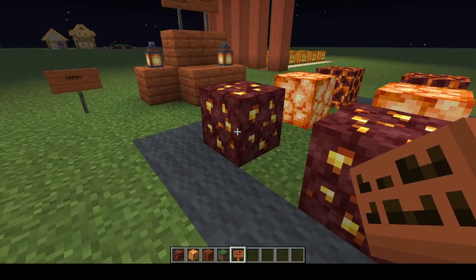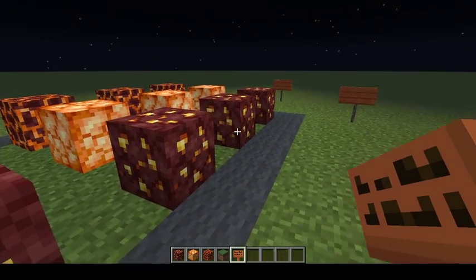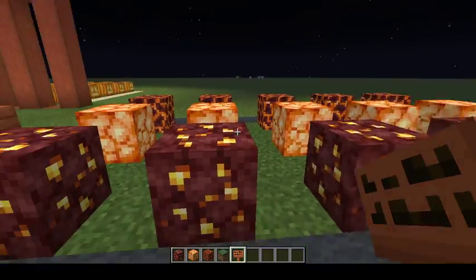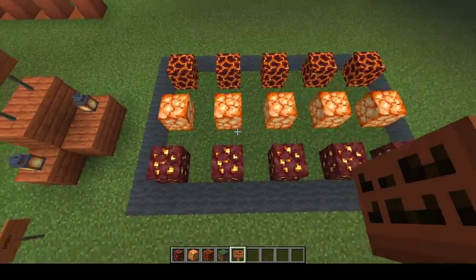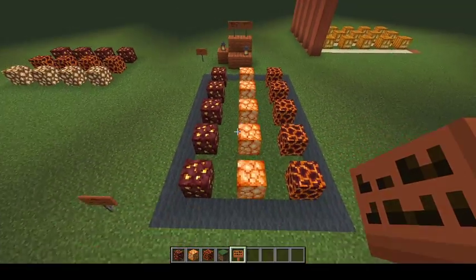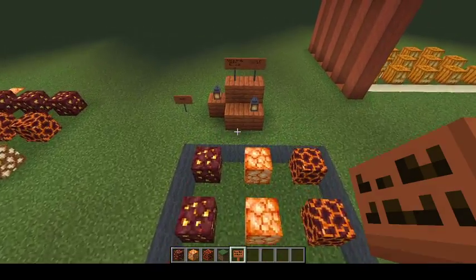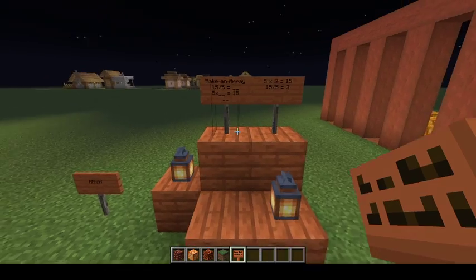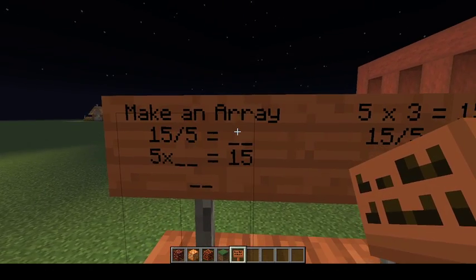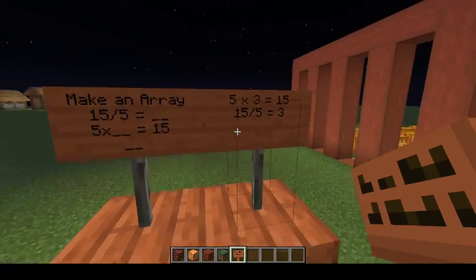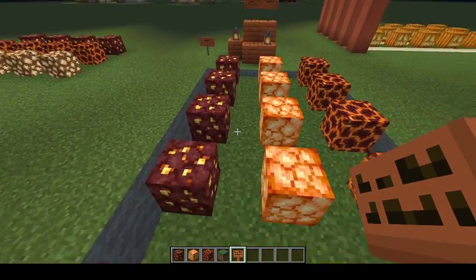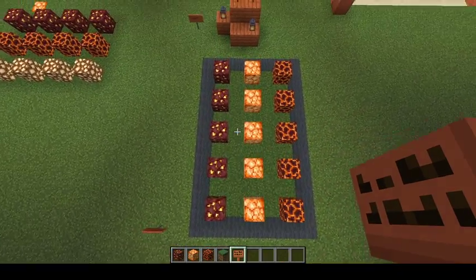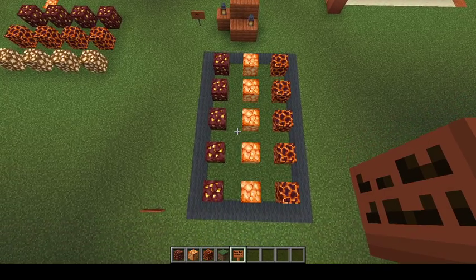And we do that 5 times. 1, 2, 3, 4, 5. That's how we get all 15 of these blocks. So our magic number that we needed for the first one was 3. And we figured that out whenever we were adding these columns, and we counted all the way to 15.